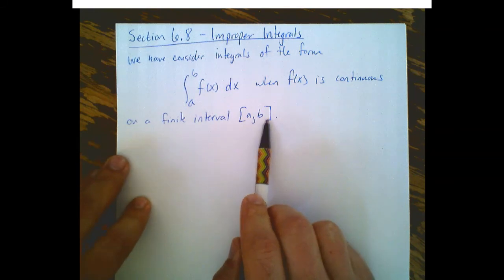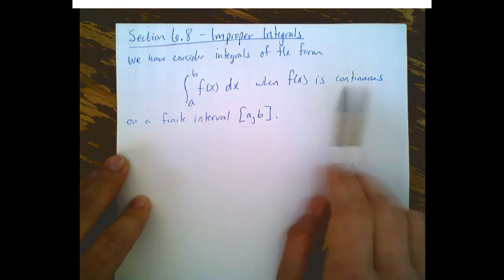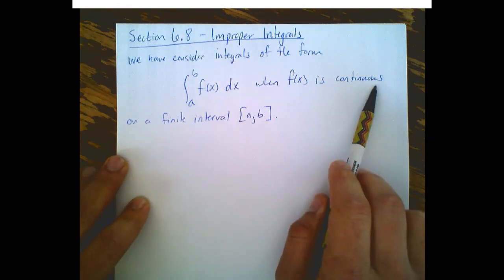So the idea of an improper integral is if there is some sort of discontinuity occurring somewhere. Okay?